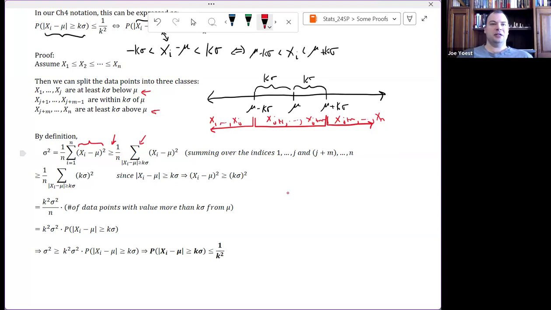If I just pick certain data points to evaluate and then sum over, then my sum gets smaller. Here I'm picking just the data points where absolute value of xi minus mu is bigger than or equal to k sigma. In other words, I'm just using these data points on the edges and not these ones in the middle.